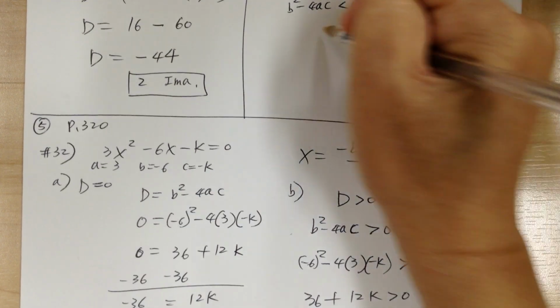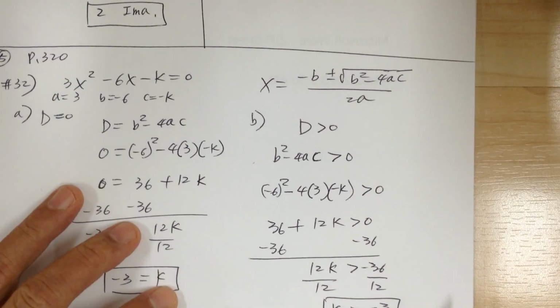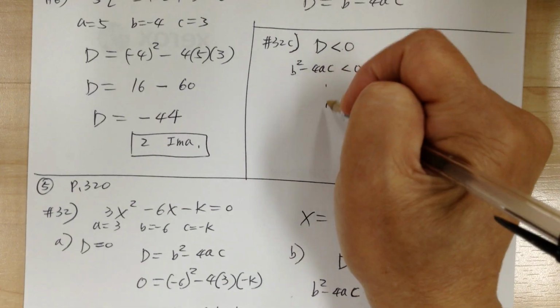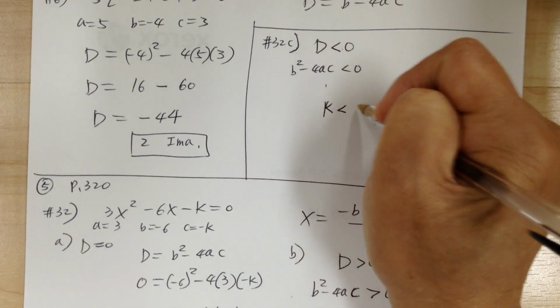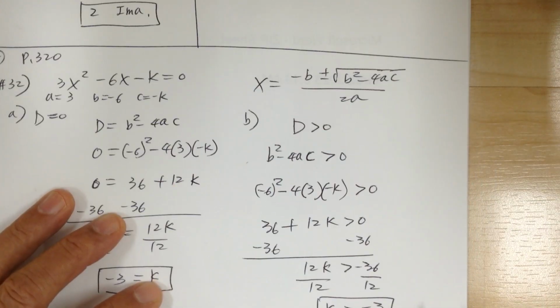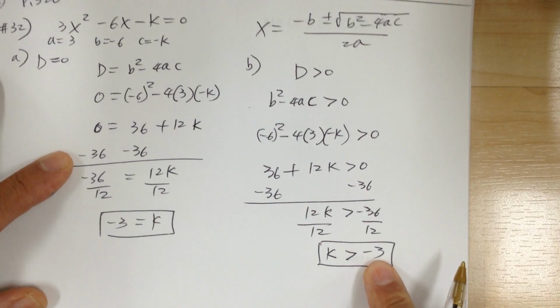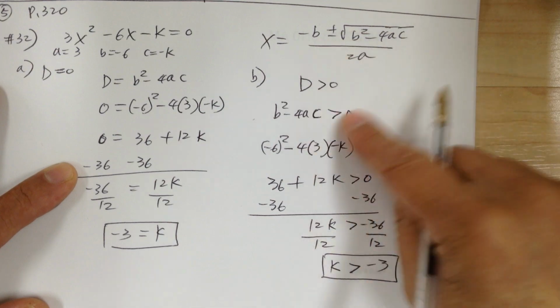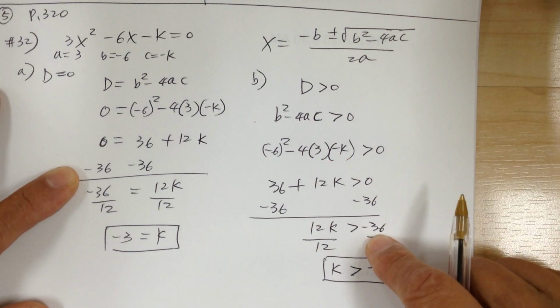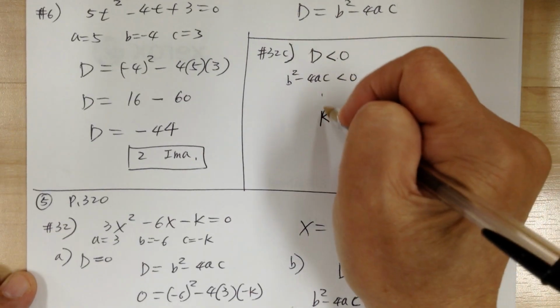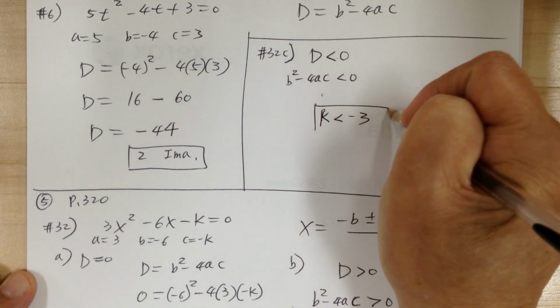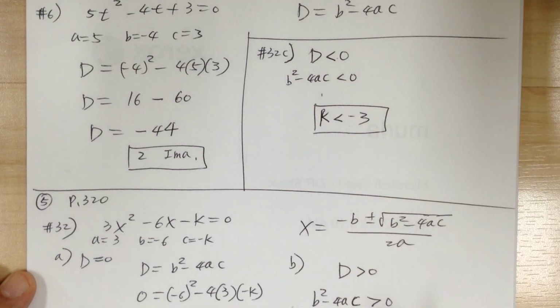The only difference is the arrow is pointing in the opposite direction. So you're going to get k is less than negative 3. Over here it is greater than negative 3. Every step is the same. So to get imaginary answers, k has to be less than negative 3.